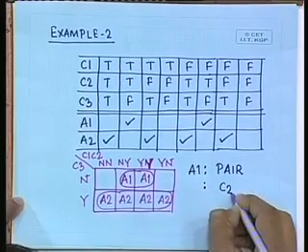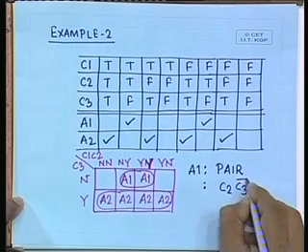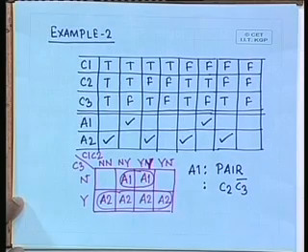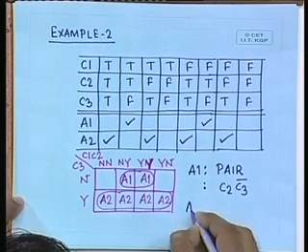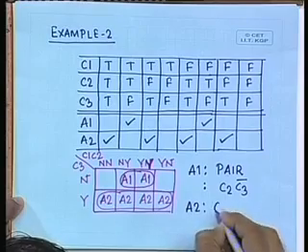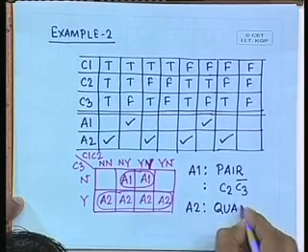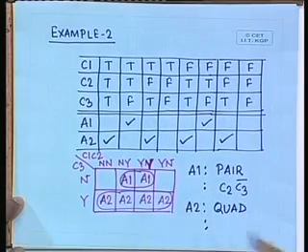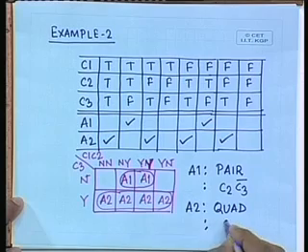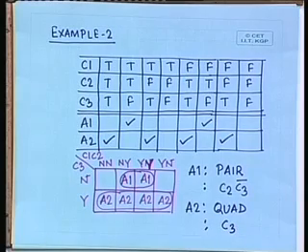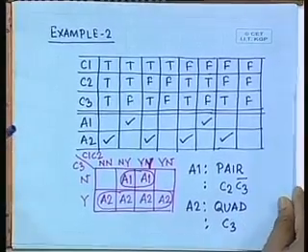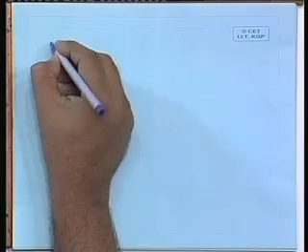So, it is C2 C3 bar, fine. Similarly, A2 forms a quad. You can see this is nothing but C3, fine. So, this is what we get, and using this, it should be possible to put it under a minimal form. Let us see what the minimal form should be.